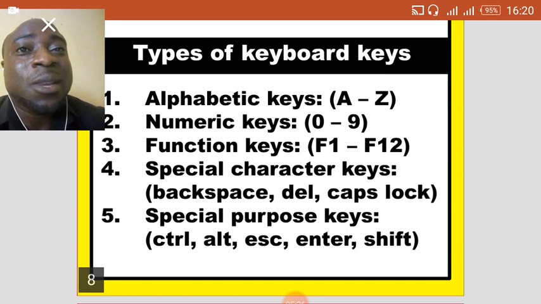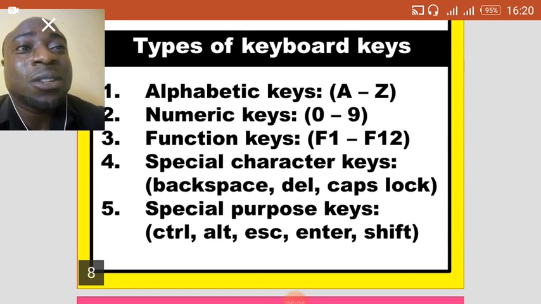If you want to type any word, any letter, any sentence, or even a paragraph, you need to use combinations of the letters A to Z, just like our normal vowel and consonant letters.